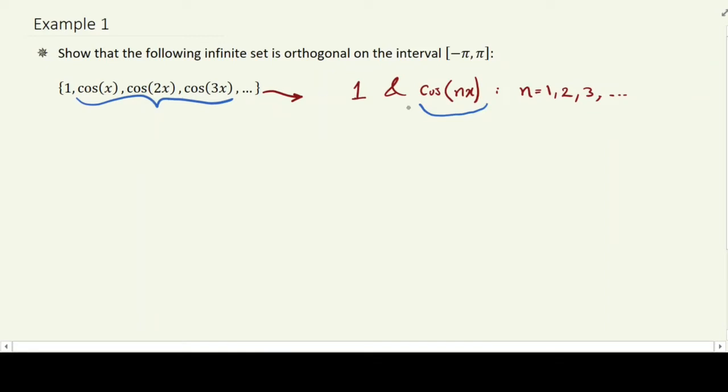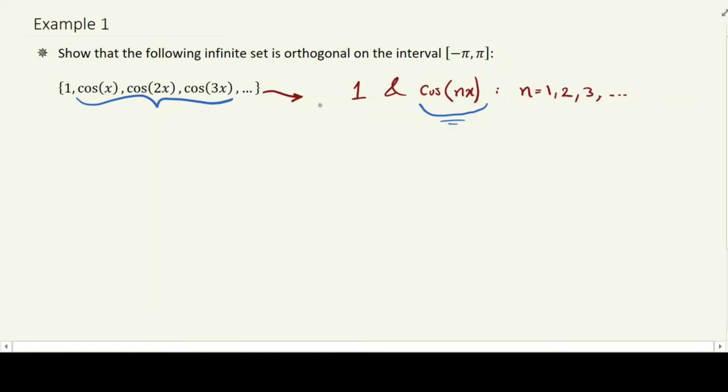Cosine x is what you would get by substituting n equals 1 in here. If you have n equals 2, then you would get cosine 2x. If you put n equals 3, then you would get cosine 3x. So in this way, we represent this infinite set in a simpler form.